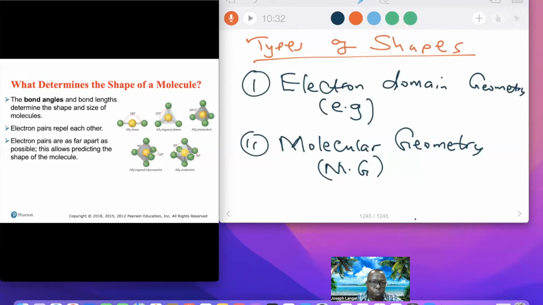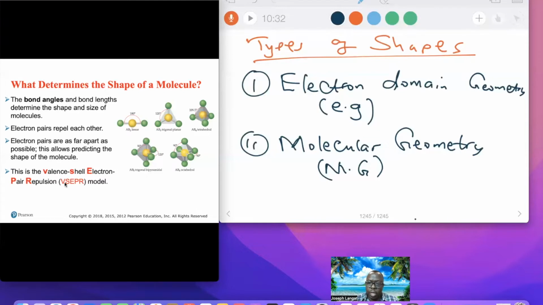So what predicts the shape is the electron charge, which is negative, and they tend to repel one another. We use what we call the valence shell electron pair repulsion model to predict the shape. This is an abbreviation, VSEPR.